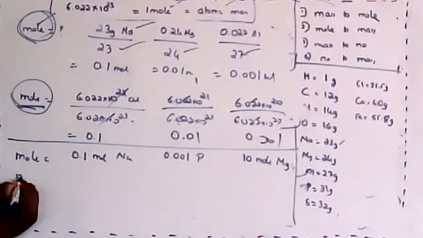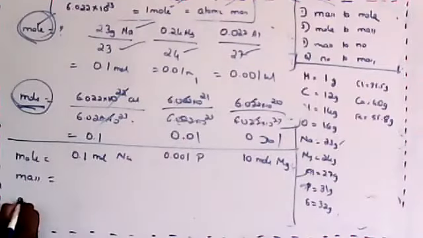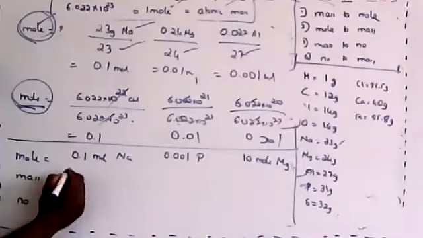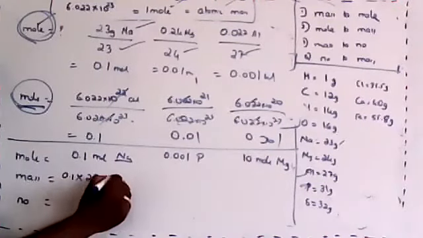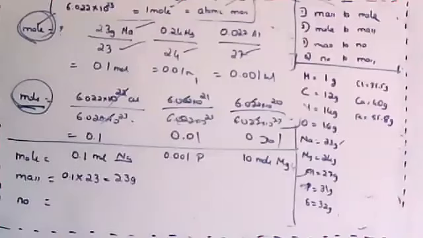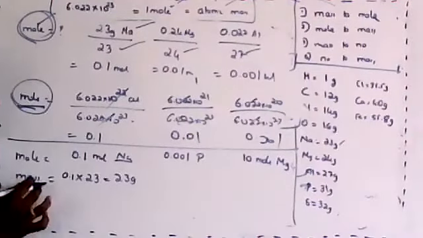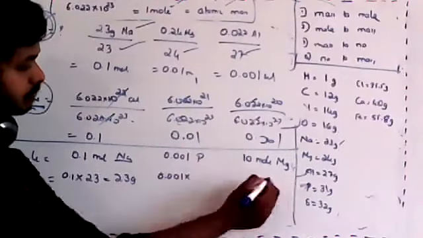If I ask you the mass of these, whenever a mass is asked, multiply by its atomic mass. 0.1 into atomic mass of sodium, 23, is 2.3 gram. For phosphorus, 0.001 is given and mass is asked, so multiply by its atomic mass, 31.